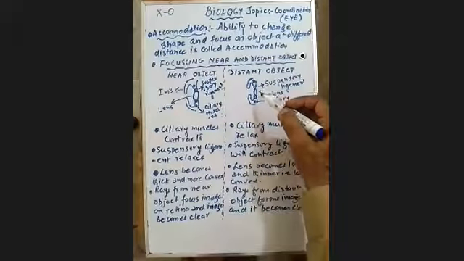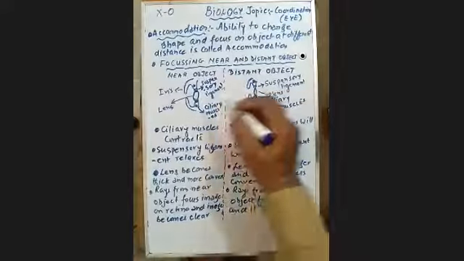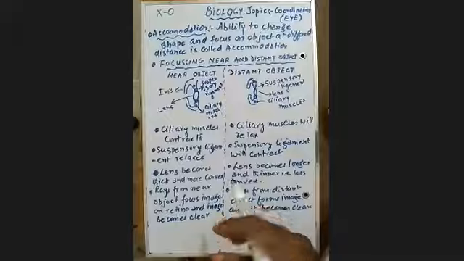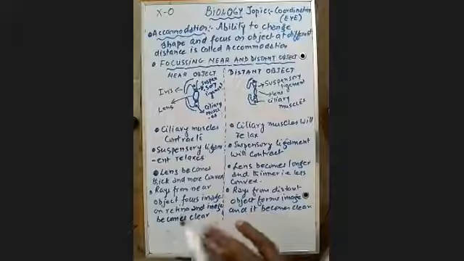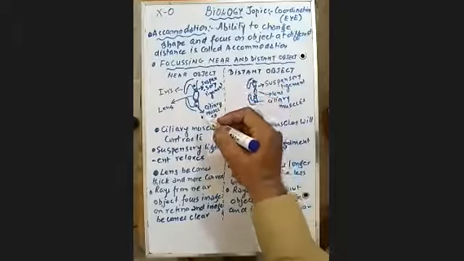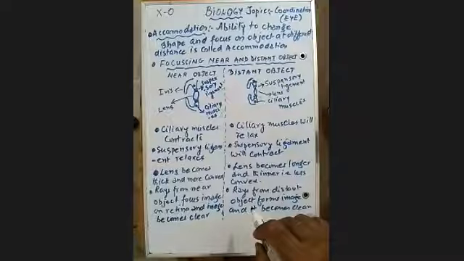When there is a near object, the ciliary muscles will contract. The ciliary muscles and suspensory ligament work opposite to each other. Those muscles which work opposite to each other are called antagonistic muscles.